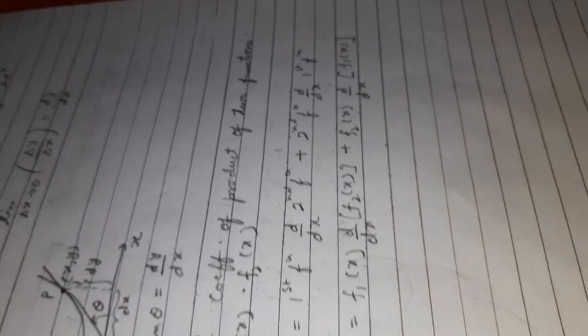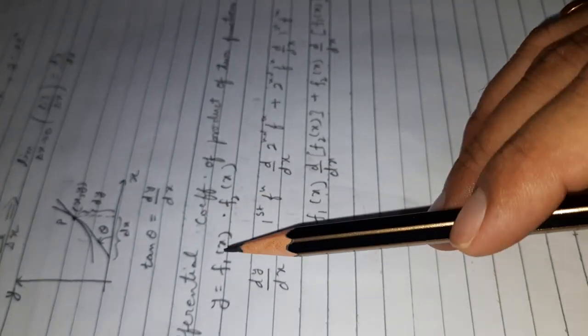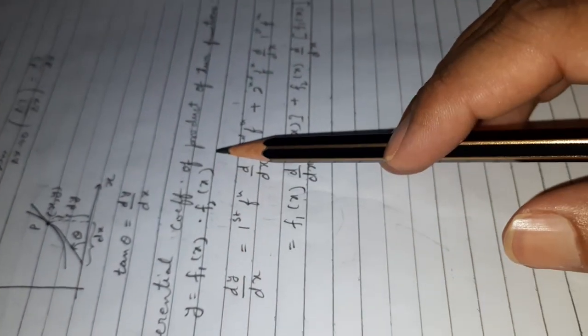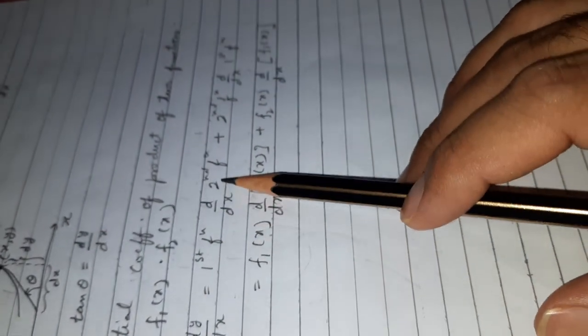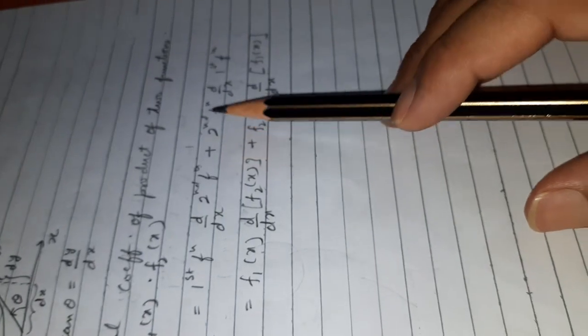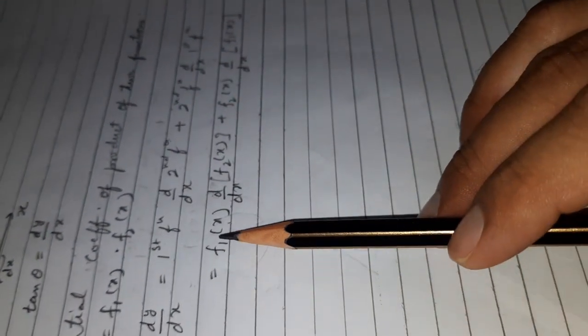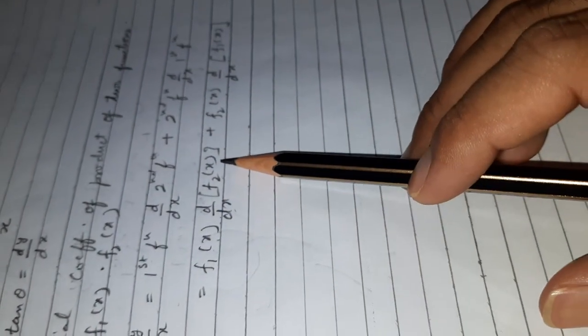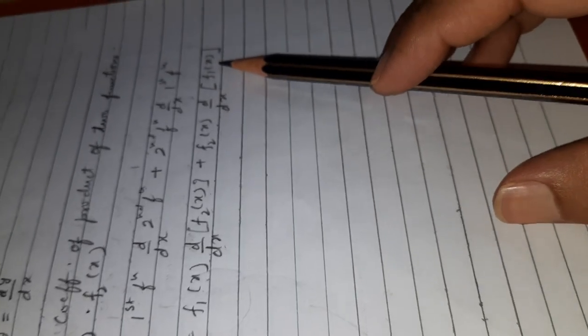So if y is equal to f1(x) into f2(x), dy by dx is equal to f1(x) d by dx of f2(x) plus f2(x) d by dx of f1(x). This is the first part, the differential coefficient of a product of two functions.